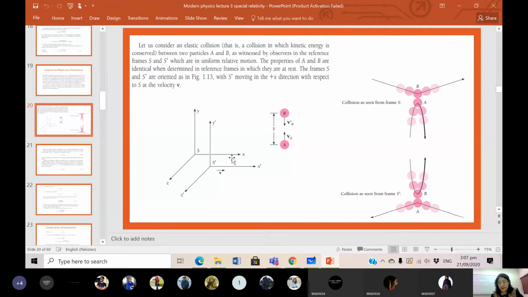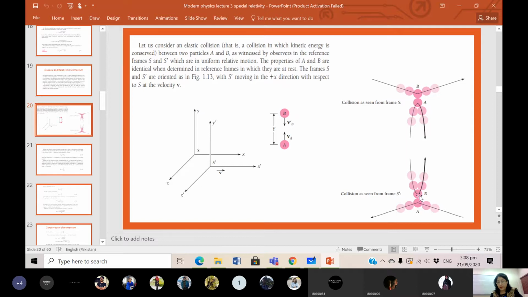Now, if we consider a situation where we are observing from frame S dash, how is it going to appear? B is not going to change. I mean, B will just move down and then back up. It's not going to move left or right. Why? Because we are in the same frame as B. If we are looking from frame S dash, then because the frame is moving towards the right and A is in S, A is going to appear to move backwards, right?